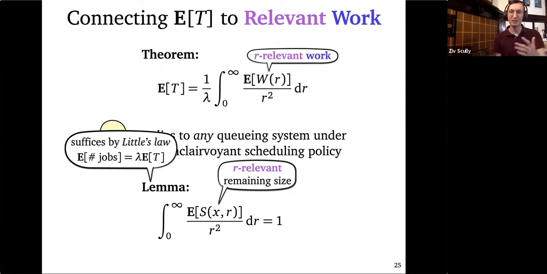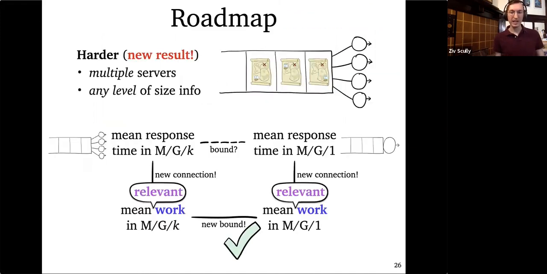So the main takeaway from this slide is that you can compute mean response time in terms of relevant work. And I mentioned our work decomposition law. We can prove a similar law for relevant work. So that similar relevant work decomposition law plus this new connection between mean relevant work and mean response time kind of completes our three-part path around this rectangle.